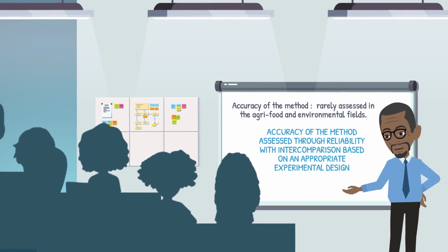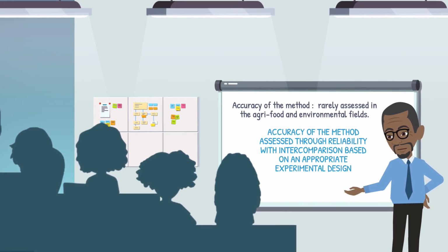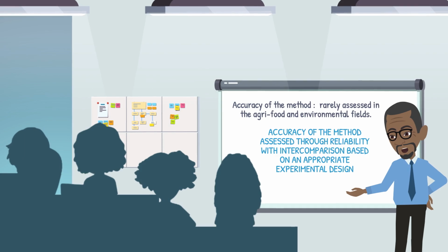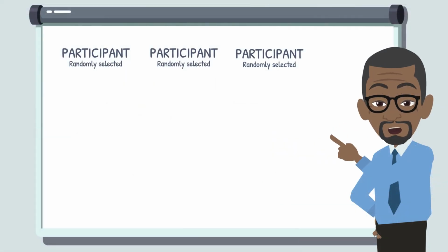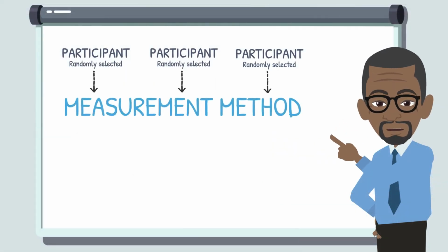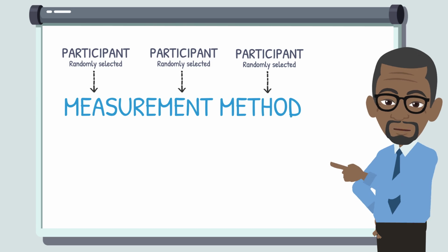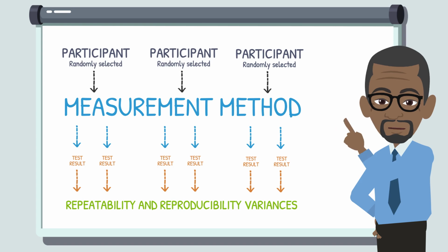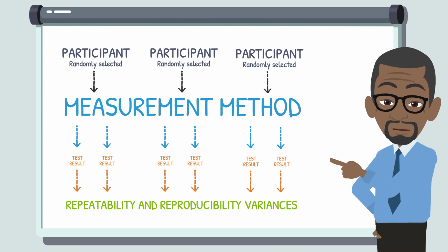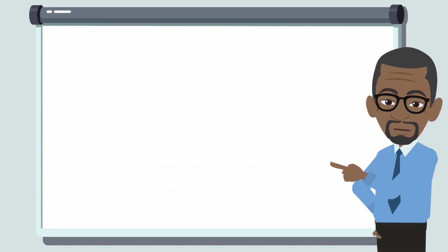Instead, the method's accuracy will be assessed in terms of precision, using an interlaboratory comparison based on an appropriate experimental design. Randomly selected participants use the same measurement method and apply it rigorously. They report at least 2 independent test results. The purpose is to estimate the repeatability variance and reproducibility variance.